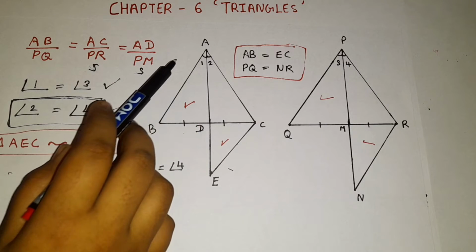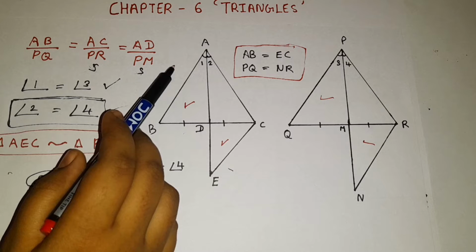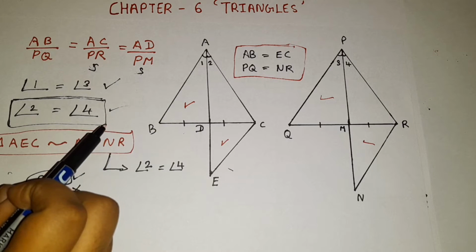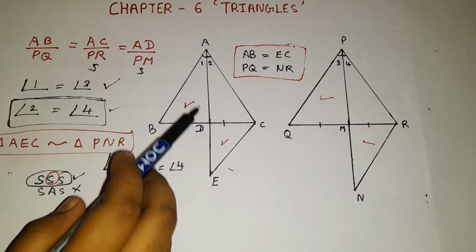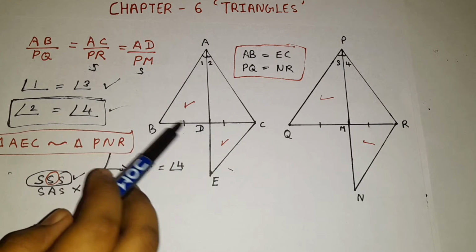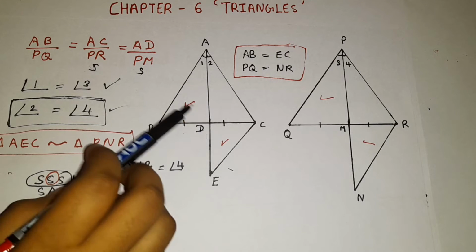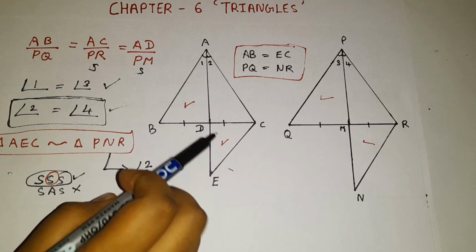I am going to be taking, in triangle ADB, so I am going to be taking it like that. Then only I can say it is congruent. So in triangle ADB and triangle EDC, I am going to be taking these two triangles to prove it is congruent. Remember guys, I am going to prove it is congruent.